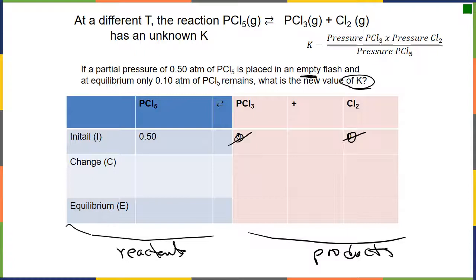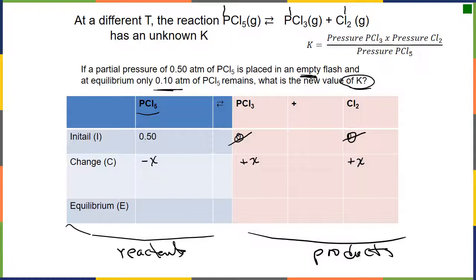Our relationship here is 1 to 1 to 1. So for every 1 PCl5, it's going to go down by 1x. How do we know it goes down? Because our products are 0. Our PCl3 is going to go up by some value of 1x, and this is also going to go up by some value of 1x.